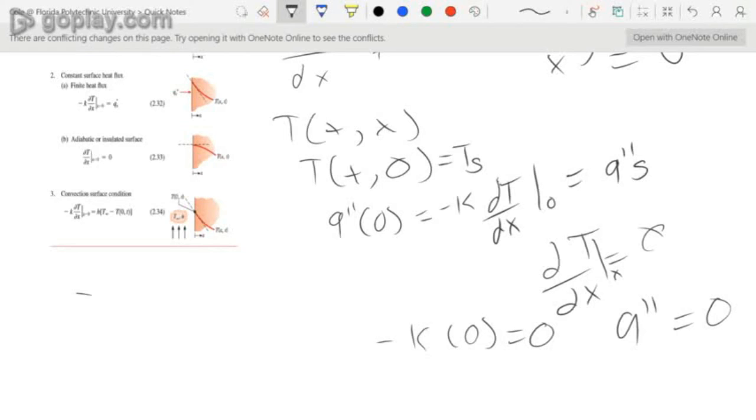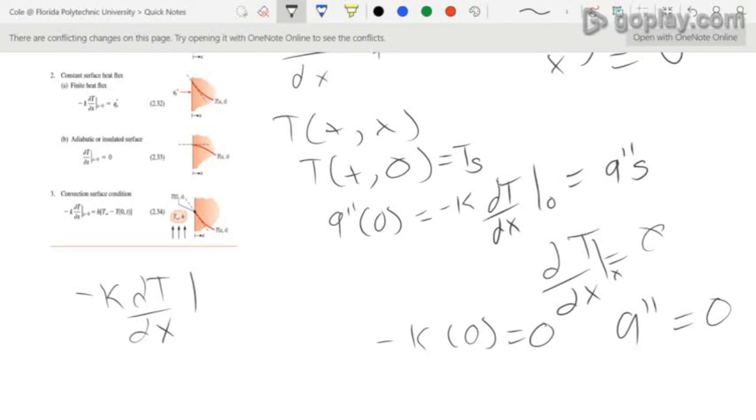It's given by the heat flux at the surface, so at the initial position, is equal to the heat transfer coefficient times the temperature of the air minus the surface temperature.